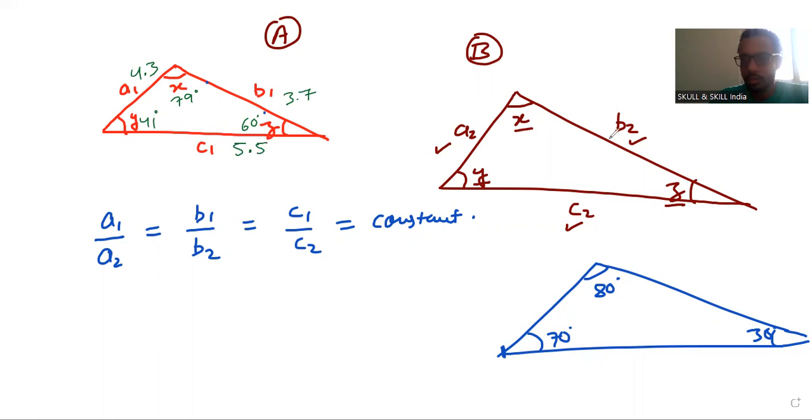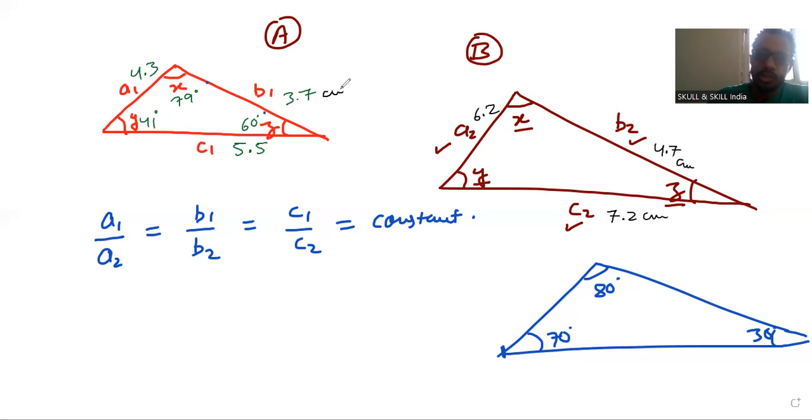Now let's come to the other triangle, triangle B. X, Y, and Z are obviously the same. What is A2, B2, and C2? A2 is 6.2, B2 is 4.7 and C2 is 7.2.